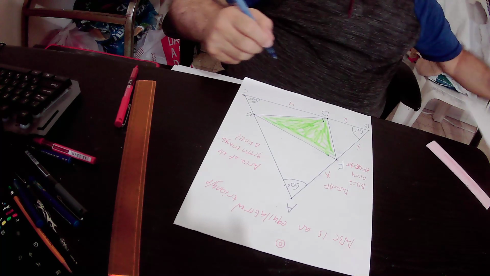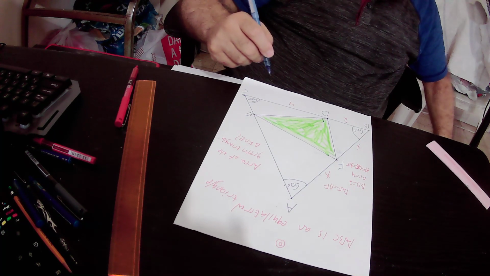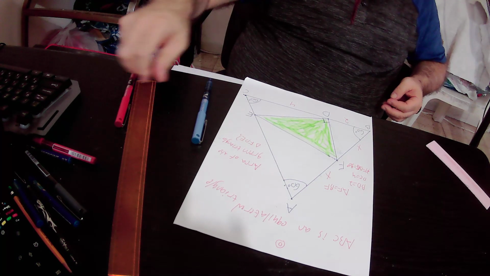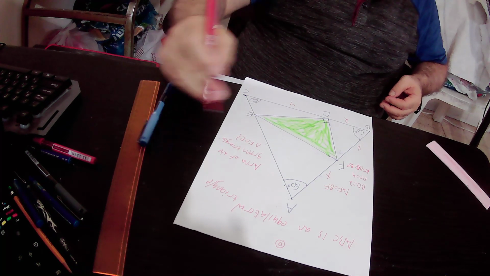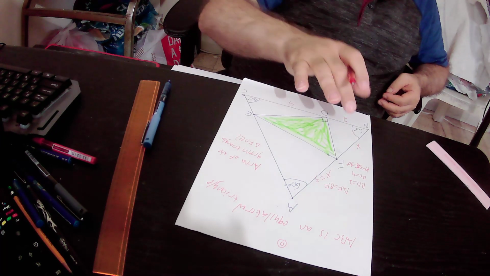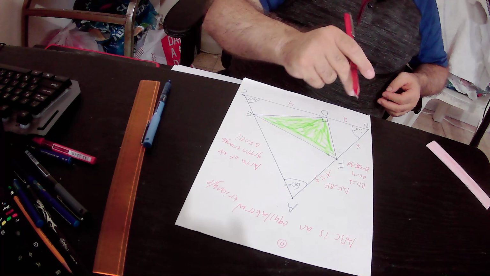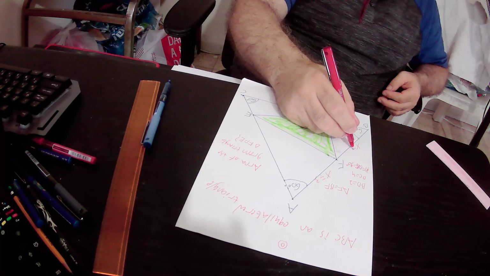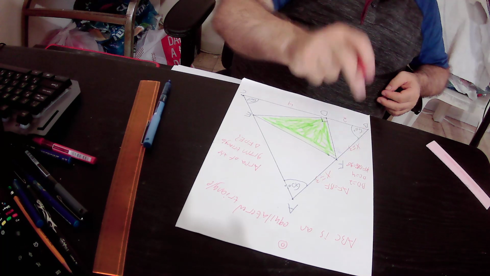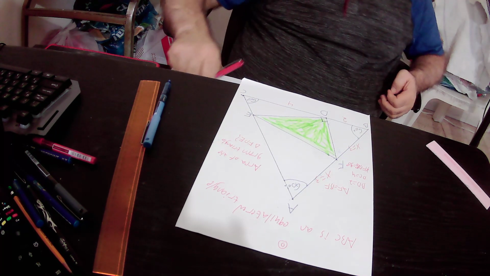So X is AF and it equals 3 units, and BF also equals X, so BF equals 3 units.